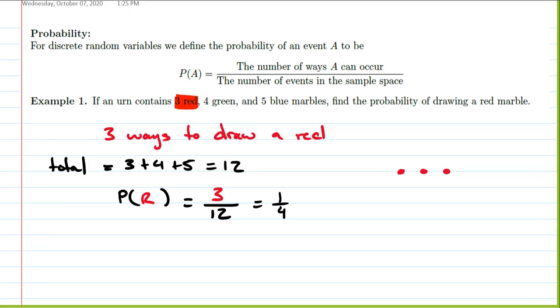We have 3 red, we have 4 green, and we have 5 blue, right? So if we visualize it this way, the part to the whole, so 3/12, right? It's the same idea.